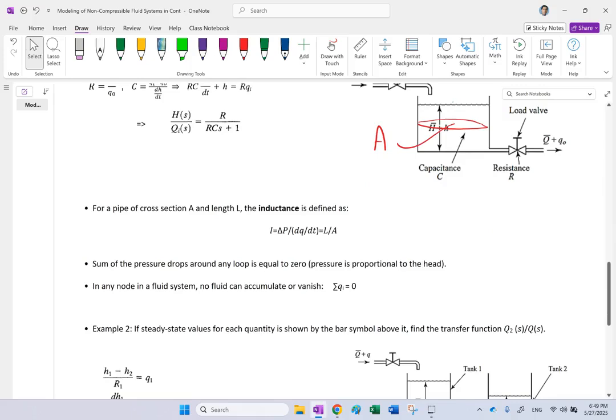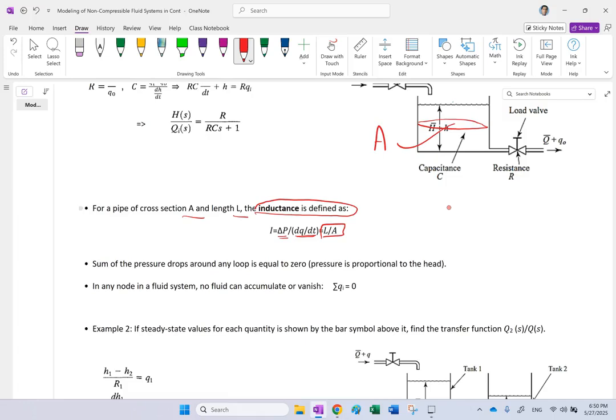Now, for a pipe, if the pipe has cross-section A and length L, we can also define inductance. Inductance is the change in the pressure across the pipe divided by the change in flow rate, and that is going to be L over A. If you want, we can prove that, but here my goal is not to go through that.